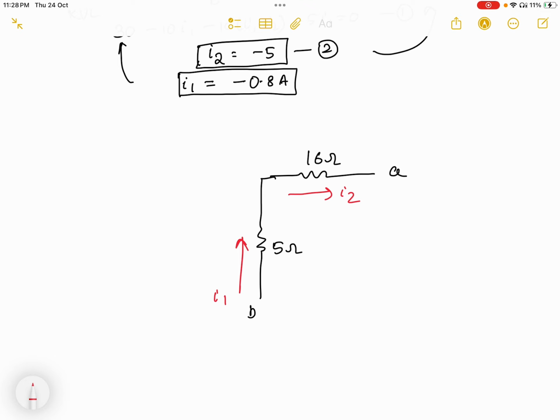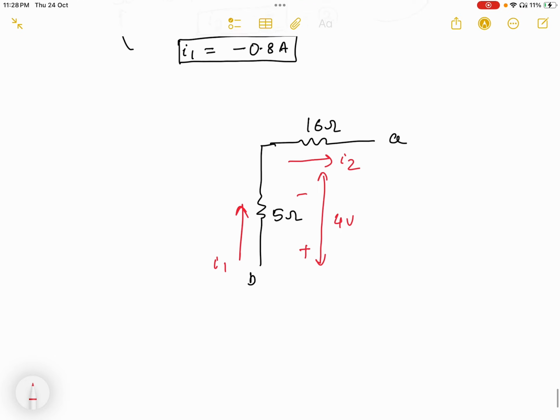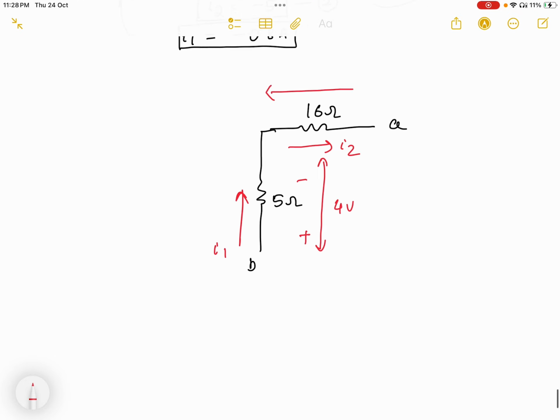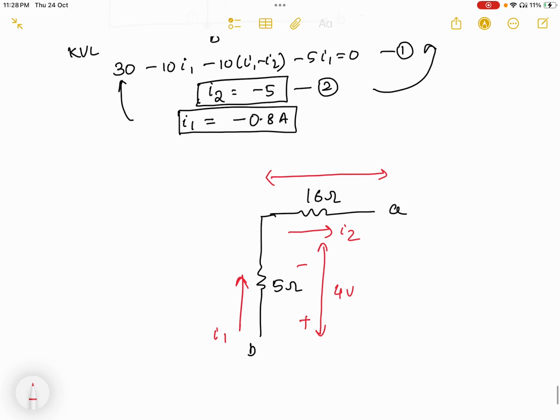Okay, so actual current, because I got the negative value. So here the drop is 4 volt, this will be positive, this will be negative, and here the drop will be 80 volt, this will be plus, this will be minus.